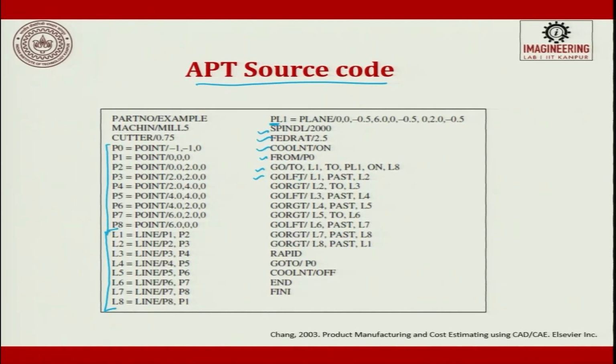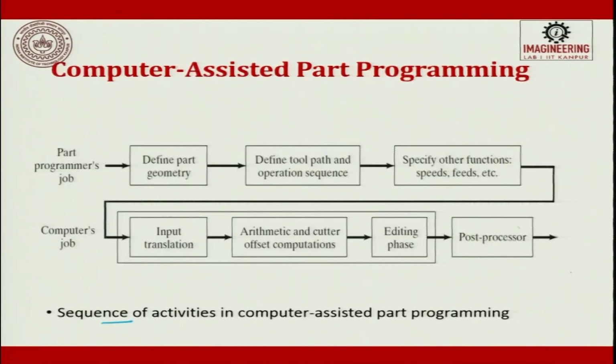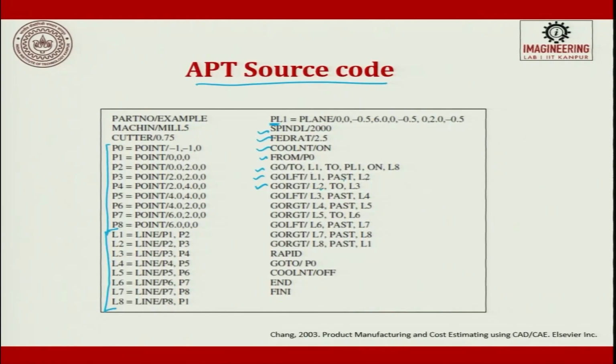Then you go left of L1 past L2; you are crossing L1, go left of L1, and then past L2, up to L2. L2 you have to cross, so that you go to this point. Then go right of L2 to L3, go left of L3 past L4, go right of L4 past L5, go right of L5 to L6, go left of L6 past L7, go right of L7 past L8, go right of L8 past L1.